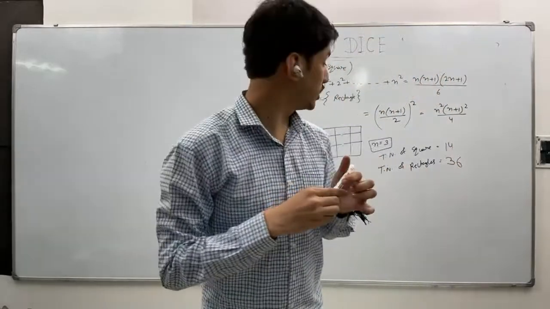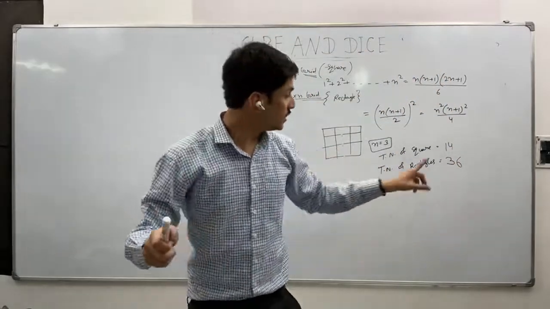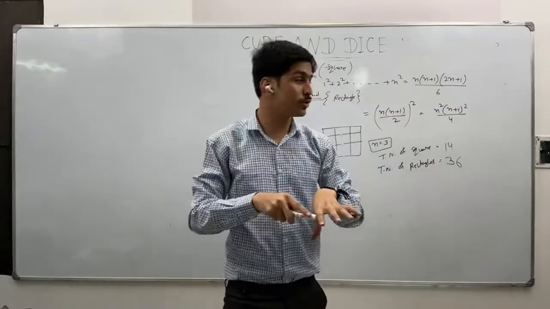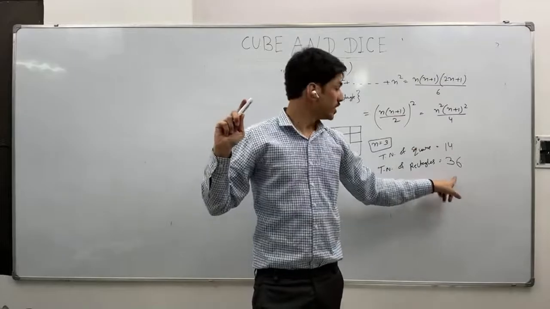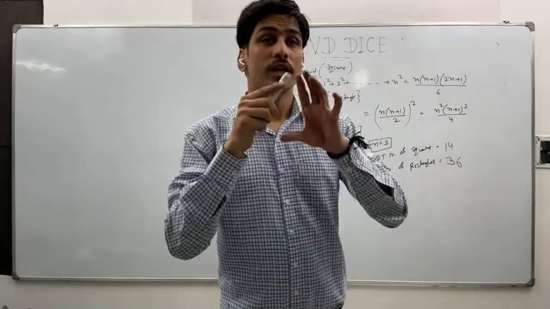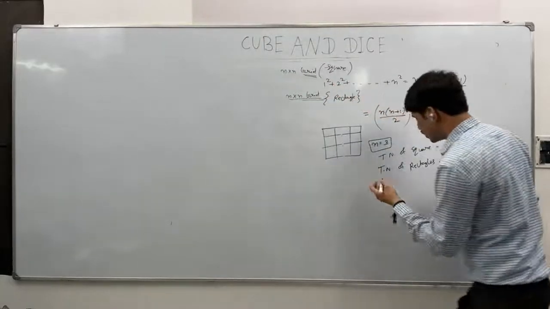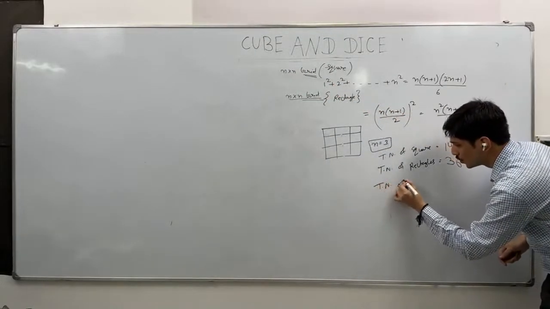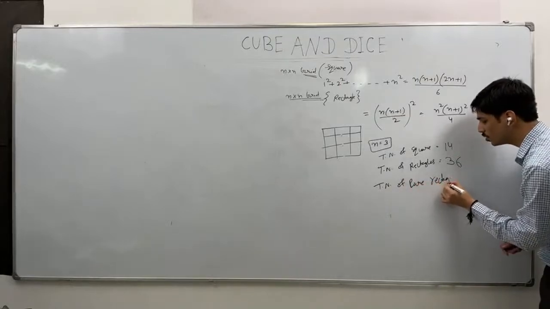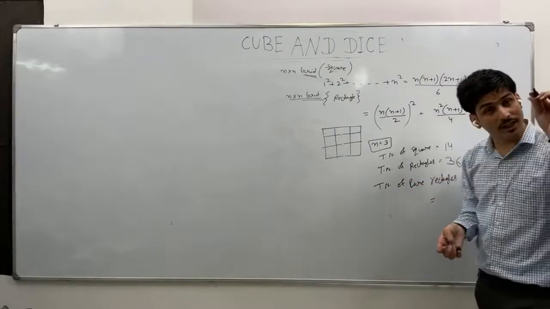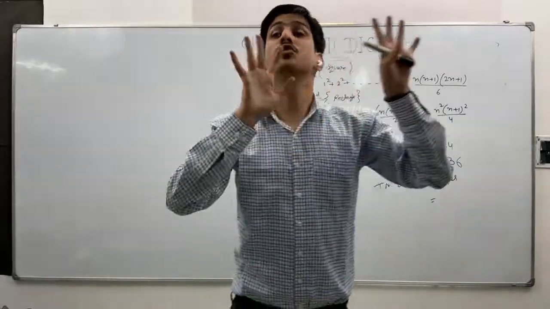Now I can easily tell this 36 is not the pure rectangles, right? In this 36, rectangles are also there and the 14 squares are also there. Are you getting my point? So if I ask you the total number of pure rectangles, or in other words, the total number of rectangles which are not squares, what will it be?